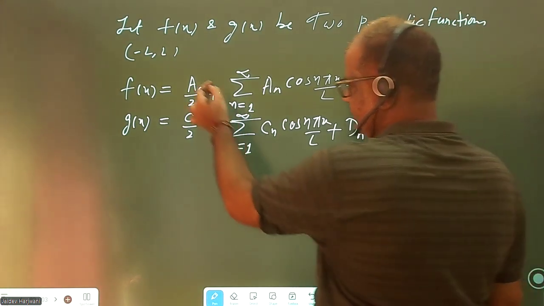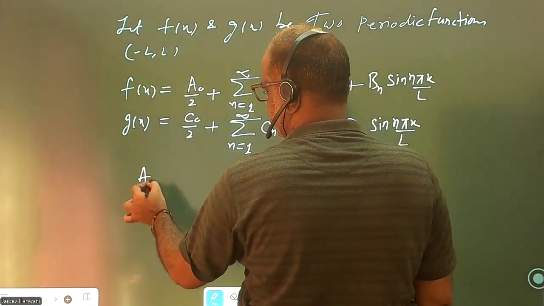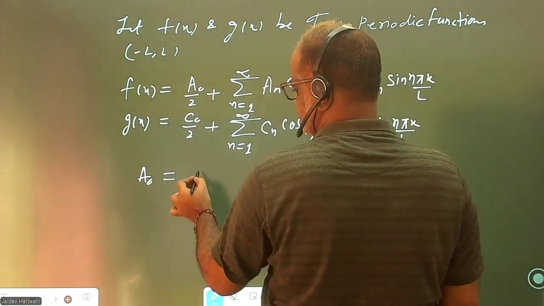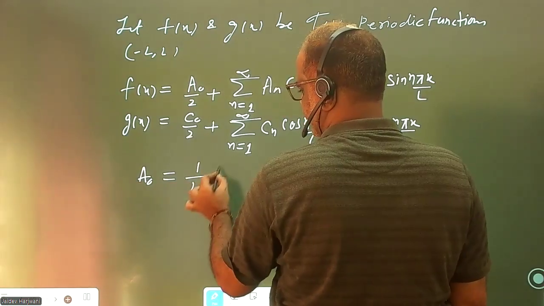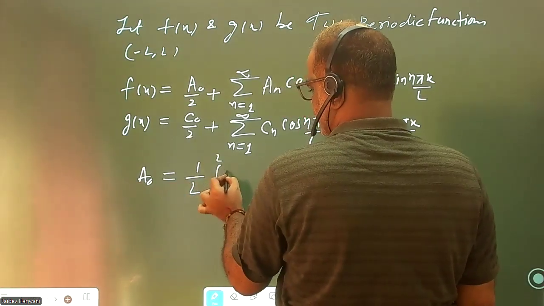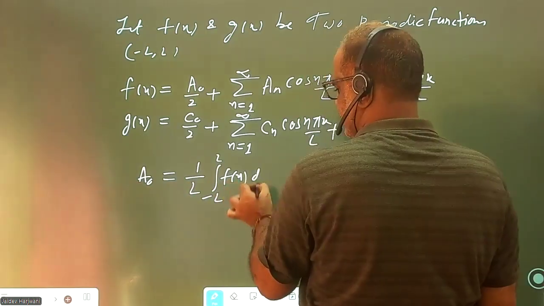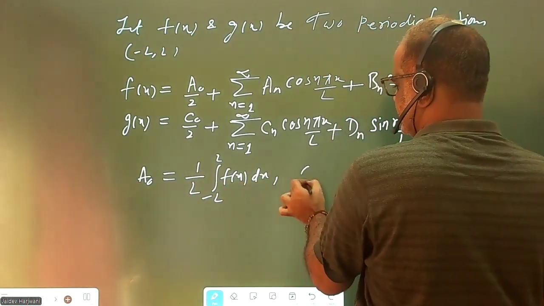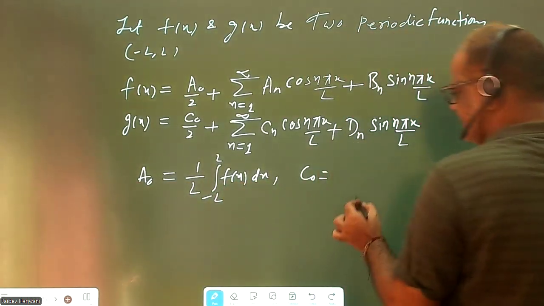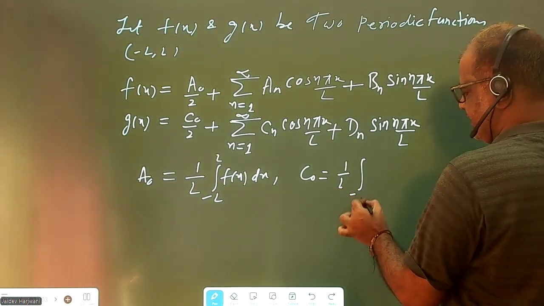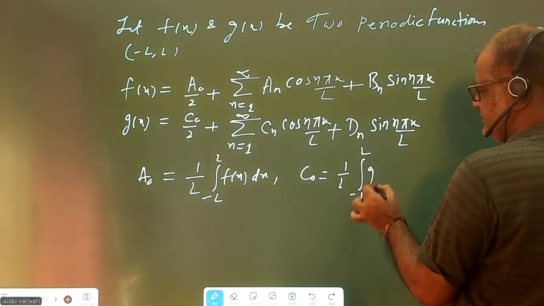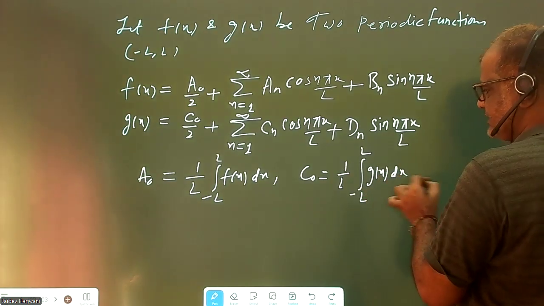Now we know the values of a naught. A naught is 1 upon L integral from minus L to L of f(x) dx. Similarly, c0 is 1 upon L integral from minus L to L of g(x) dx.